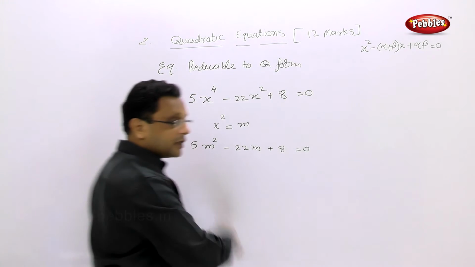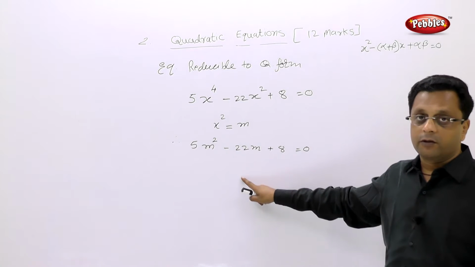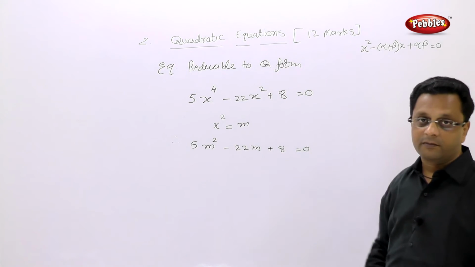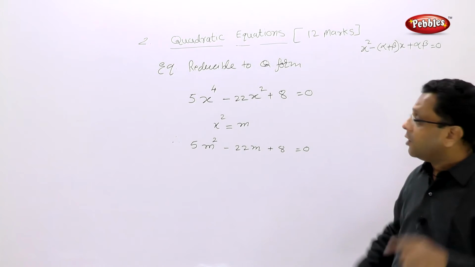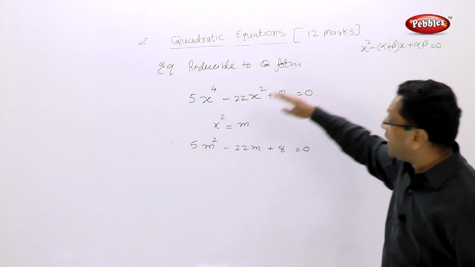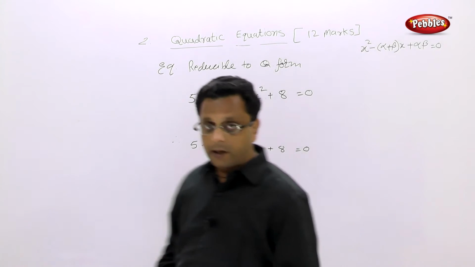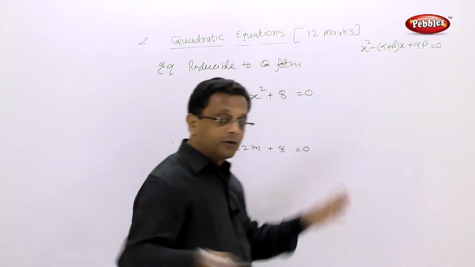Now this is a quadratic equation which you can solve to find the value of m. But don't forget, our given equation is in x, and we have to find the value of x and not m. After finding m, many students just leave the example there.